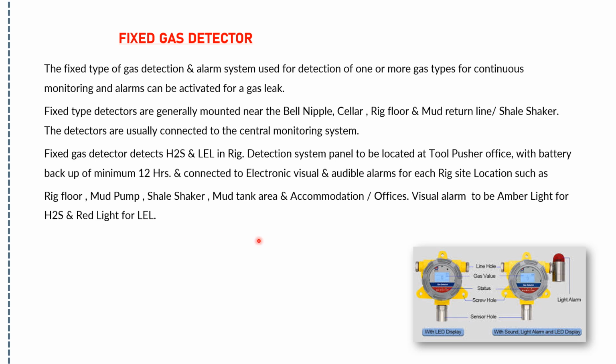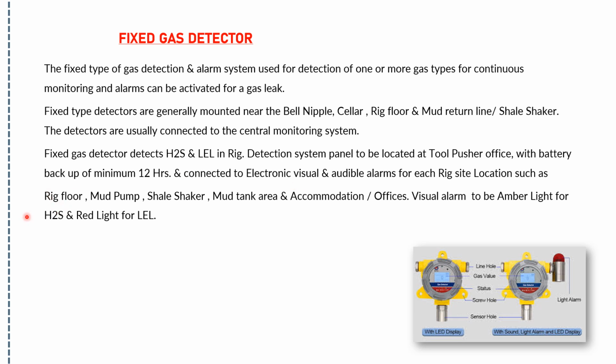This is so that the alarm will be heard at all locations by all persons. If for some reason a few people cannot hear the alarm, the visual alarm is also installed with the audio alarm.